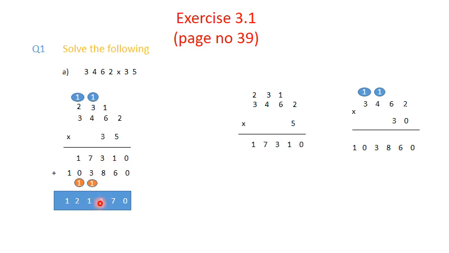So we'll carry over here 1. 7 plus 3 is 10, 10 plus 1 becomes 11. Now 1 plus 0 is 1, 1 plus 1 becomes here 2, and this one we have written here as it is. So you got finally the answer 121,170. So student, just copy down this sum in your notebook.